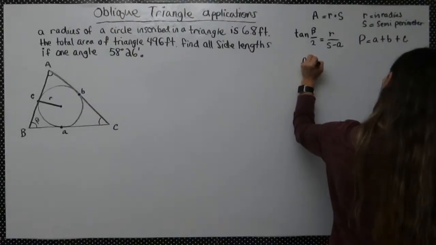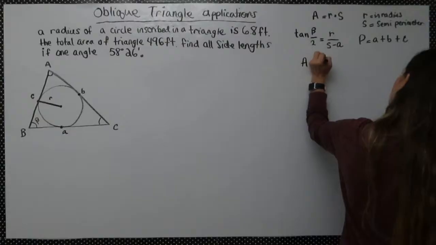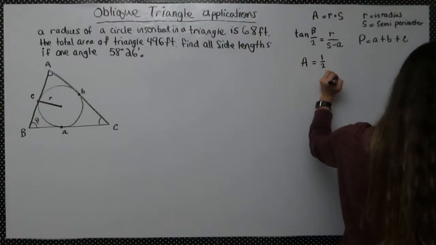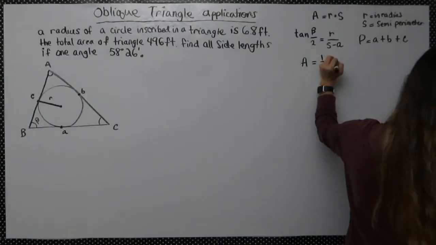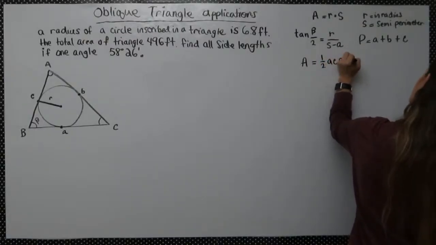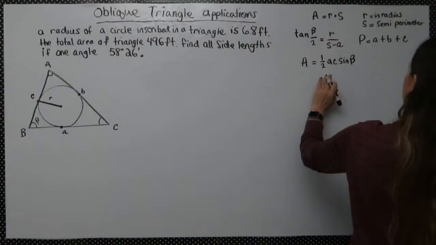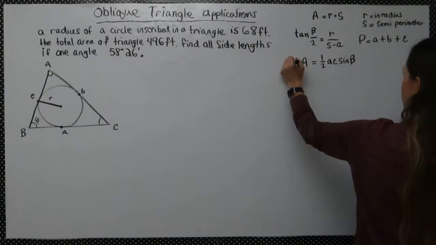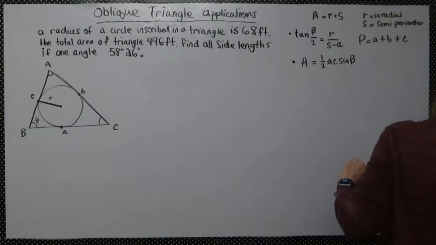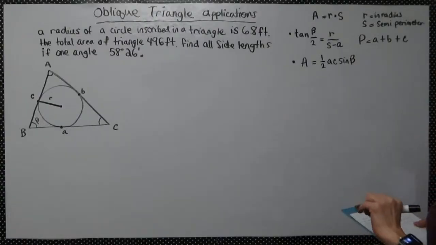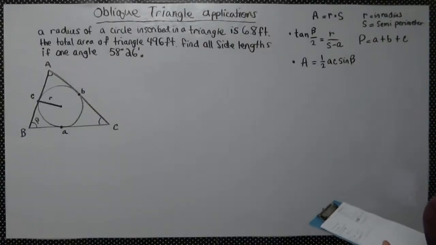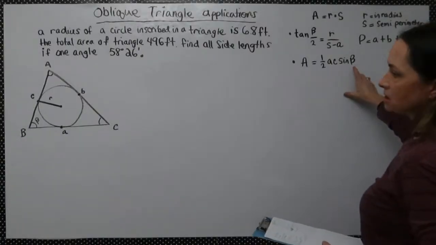So we have A equals 1/2, and then A's area, so we'll list that, but A times C times sine beta. And there's 3 different ones of this one, and there's also 3 of these. It all depends on basically what angle is known.